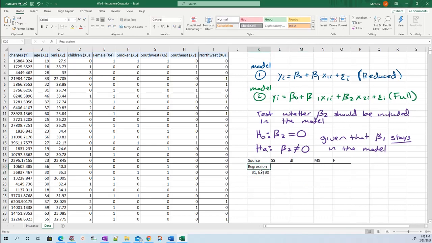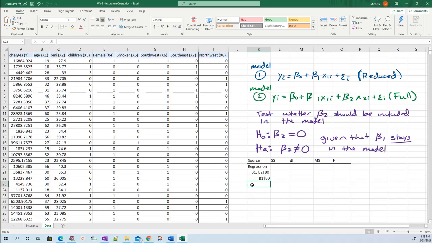The sums of squares regression for the full model is the first thing I'm going to need. Additionally, I'm going to need the model that only has beta 1, and beta 0, the reduced model. So the full model and the reduced model, that's what I've just written there.